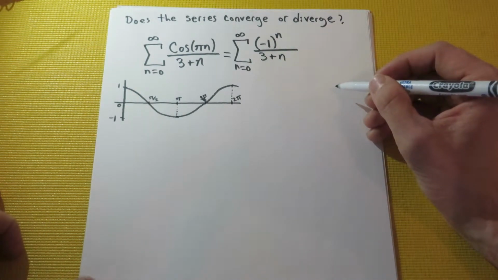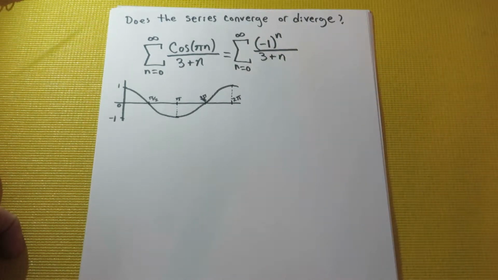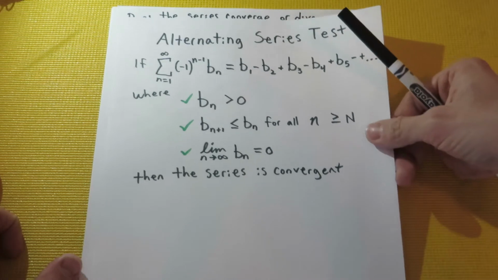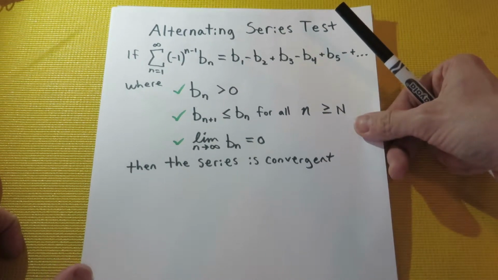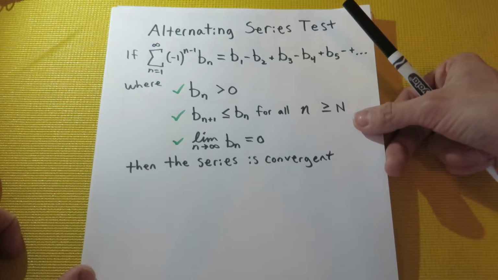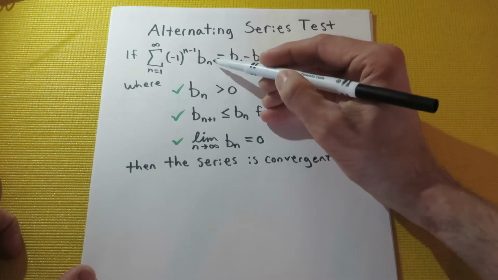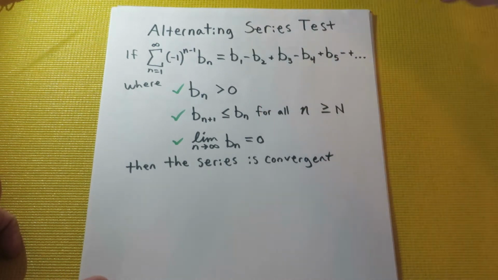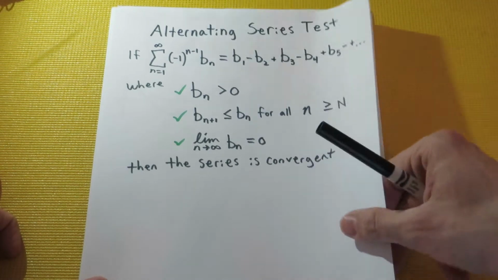Alright, so now we can go back to our definition here of an alternating series. We see that we do in fact have an alternating series. It's just every other term is going to be positive or negative. And we can pinpoint our b sub n part of our expression here.